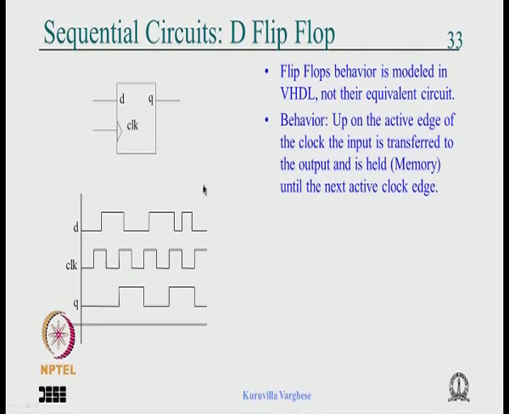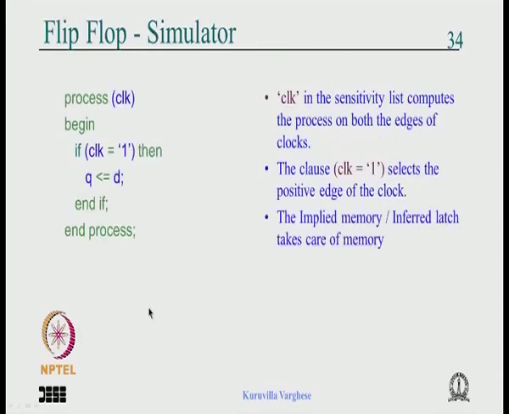What we do is that in the process, the next statement after the begin we write is: if clock is equal to 1. Okay. So that gives the clock is 1 only in the positive edge, because there is an active edge. Then if clock is 1, that means it is the positive clock edge.